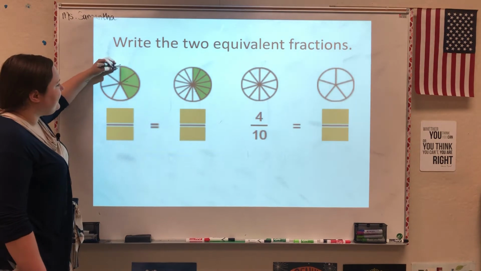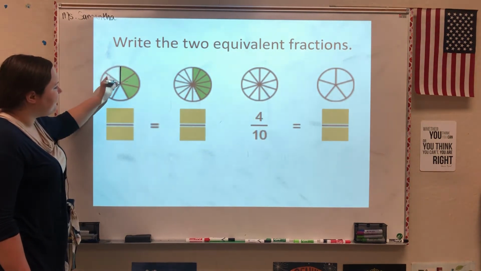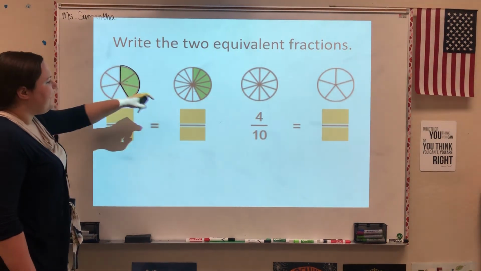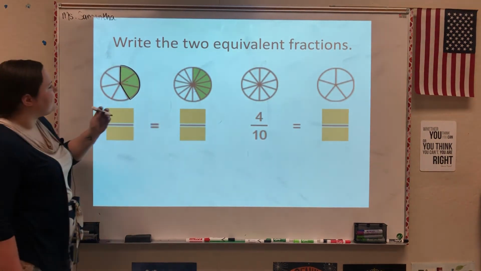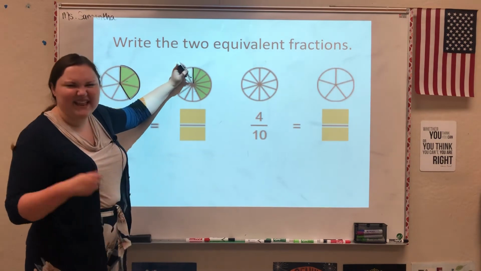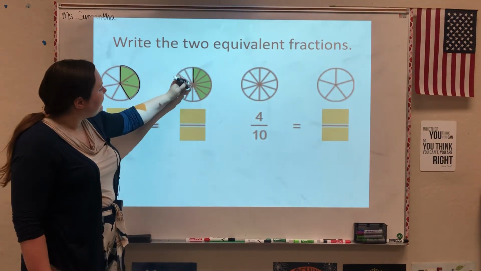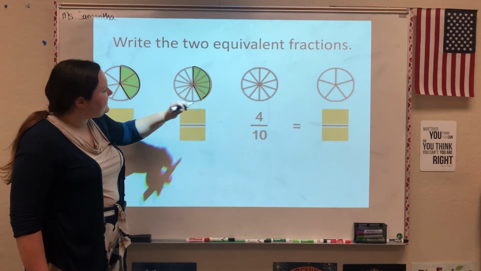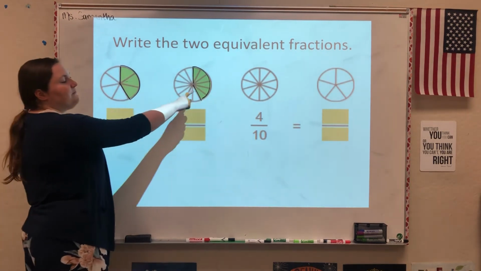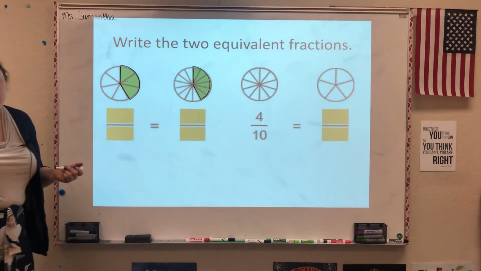I see for here, that green part starts here and ends here. And then over here, even though it's cut up into more slices, it's still the same amount of green. It starts here. If I'm thinking like a clock, it starts there at 12 o'clock and then stops right there. So if I focus on that shaded color, that green part, it's the same amount of green.